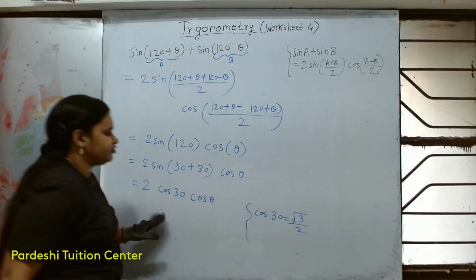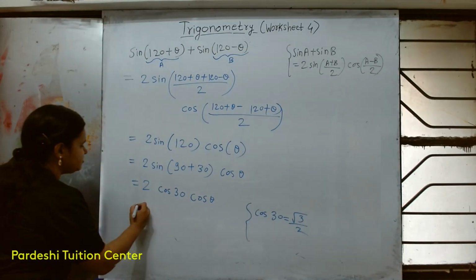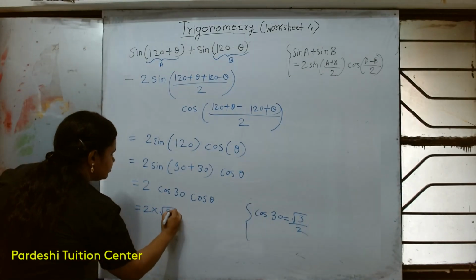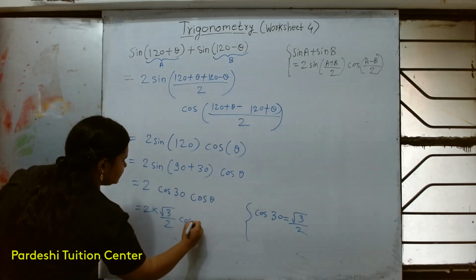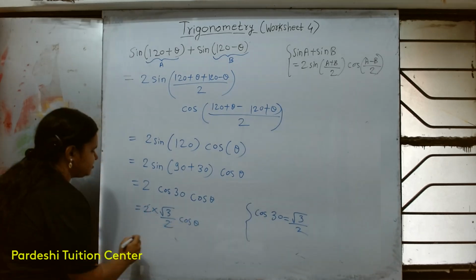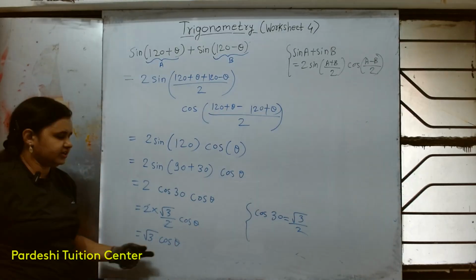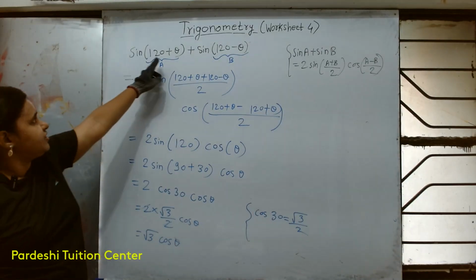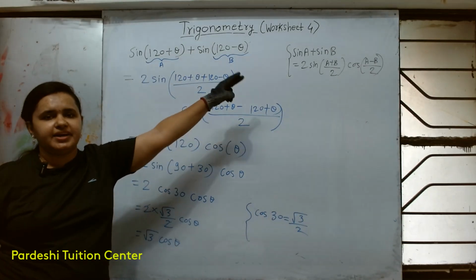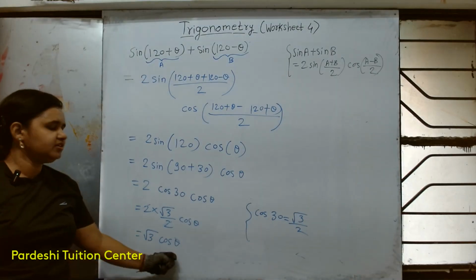So it will be 2 into root 3 by 2 into cos theta. The 2 will get cancelled and our answer will be root 3 cos theta. So for sin 120 plus theta plus 120 minus theta, our answer is root 3 cos theta.